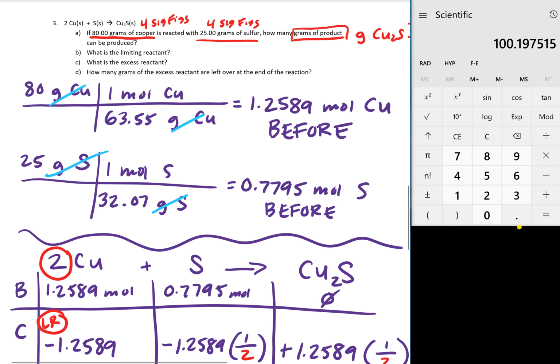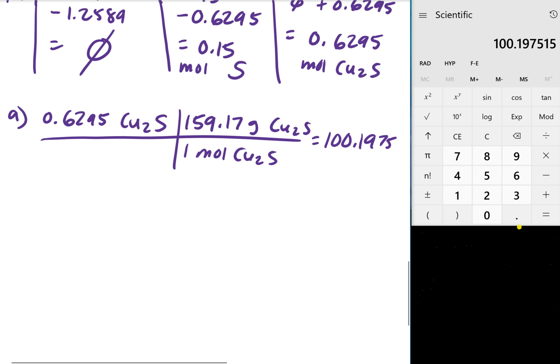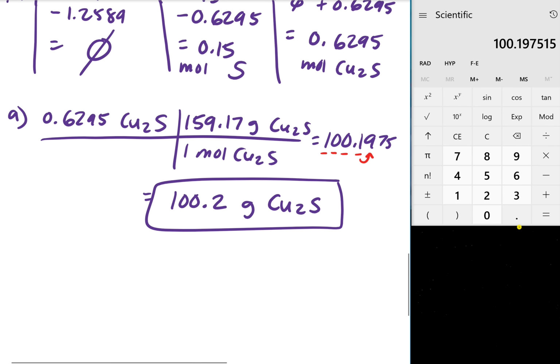So that means your final answer should contain 4 sig figs. So 1, 0, 0, and then that 1, there's a 9 after it, so you're going to round up. So your final answer becomes 100.2 grams of copper sulfide. You have 4 sig figs in your answer because your givens had 4 sig figs.